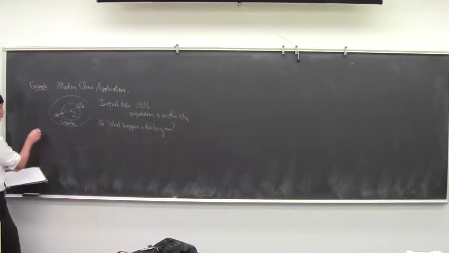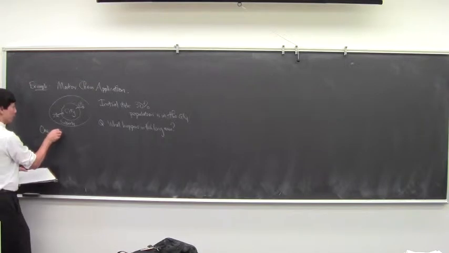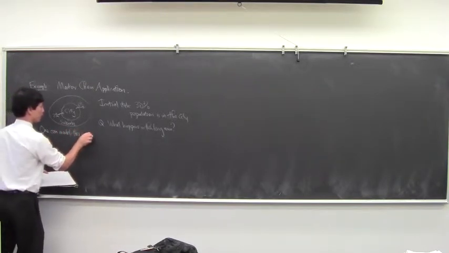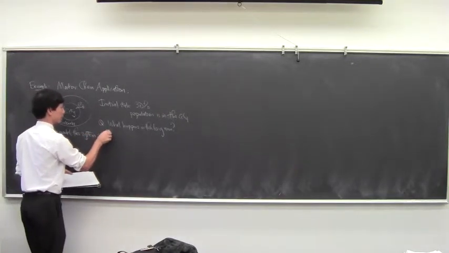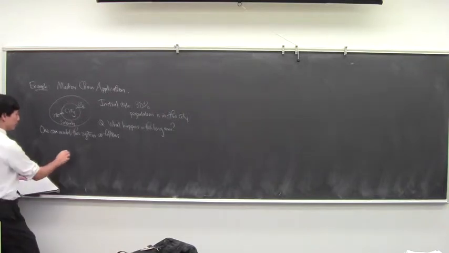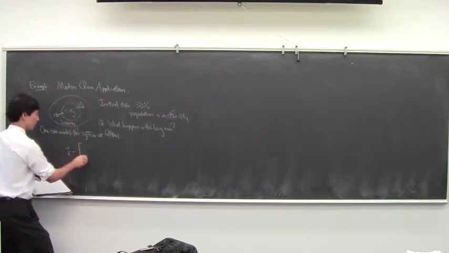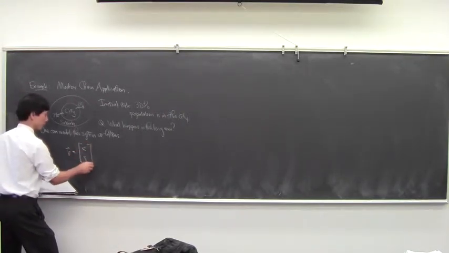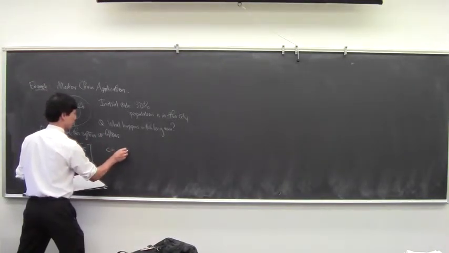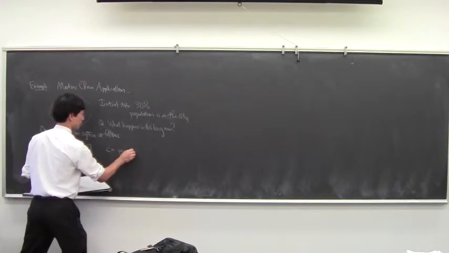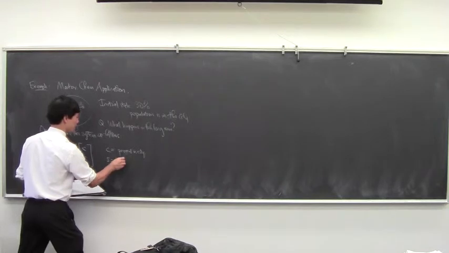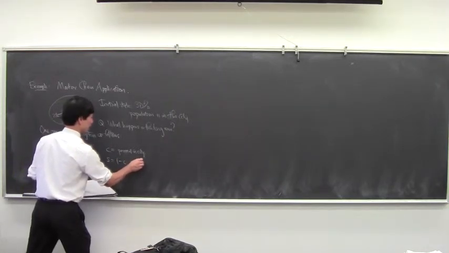Okay, so one can model this system in the following way. You say we're going to let V be C, S, where C is the percent in the city, and S, 1 minus C, is the percent in the suburbs.